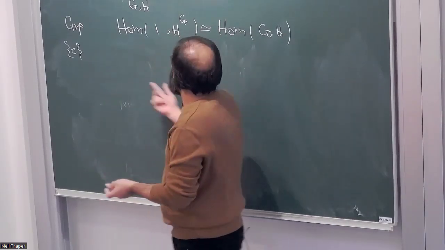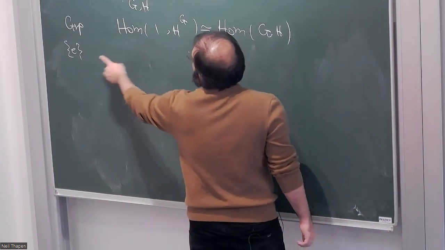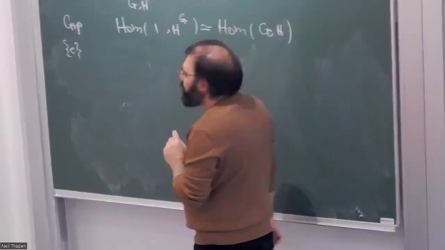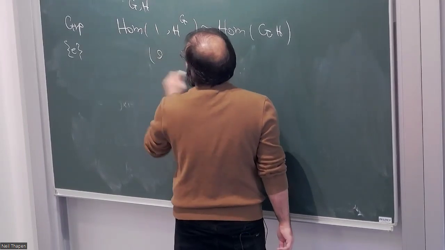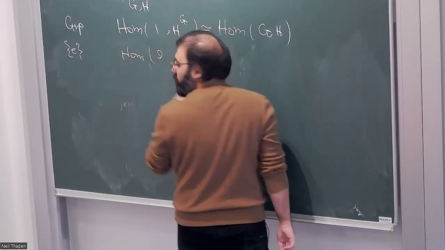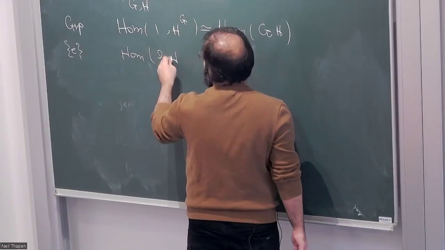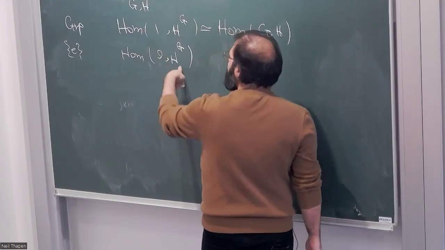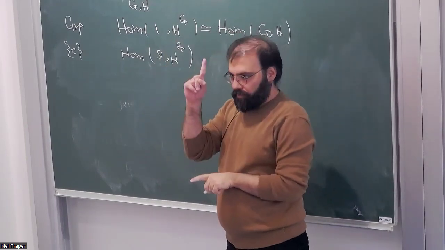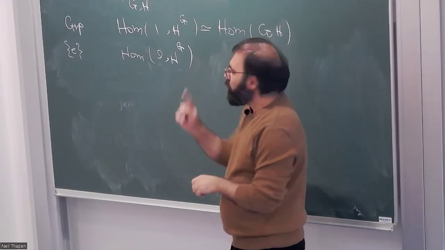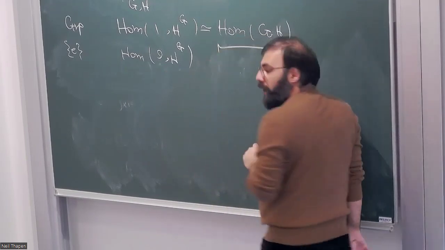But then it is initial. Since it is initial, it is also 0, just the game with the notation. And from initial to anything, you have just one map.